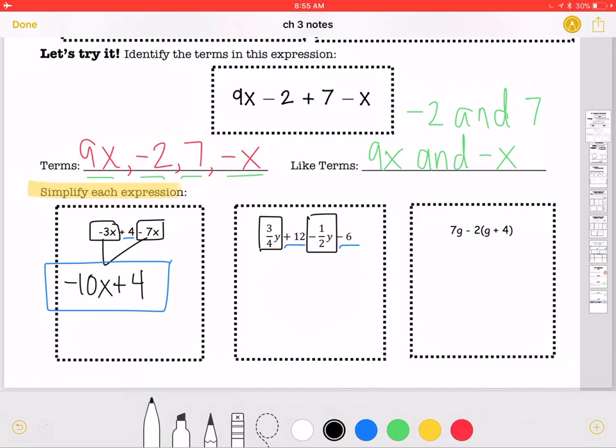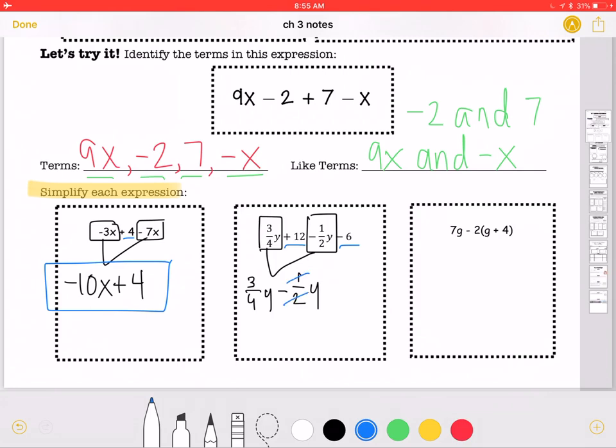Now we're going to combine our like terms. So 3/4 y and a -1/2 y, they have different signs. So we're going to have to subtract them. In order to subtract these coefficients, they have to have the same denominator. So I'm going to change this to have a 4.